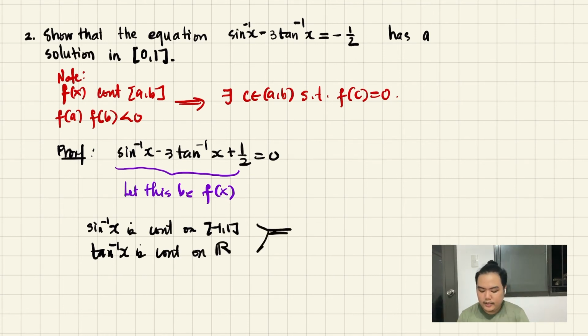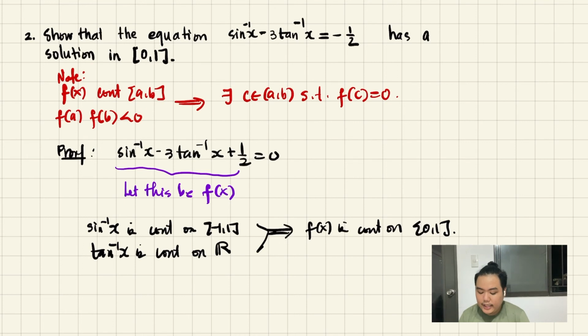The sum of continuous functions is continuous, therefore f is continuous on negative 1 to 1, since tangent inverse x is continuous on R. But we want 0 to 1, so these two things imply that f is continuous on 0 to 1. So, this criterion is satisfied.